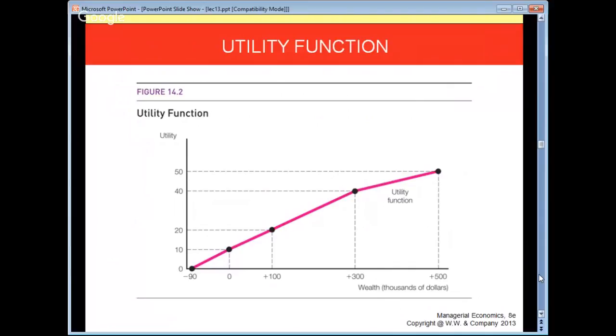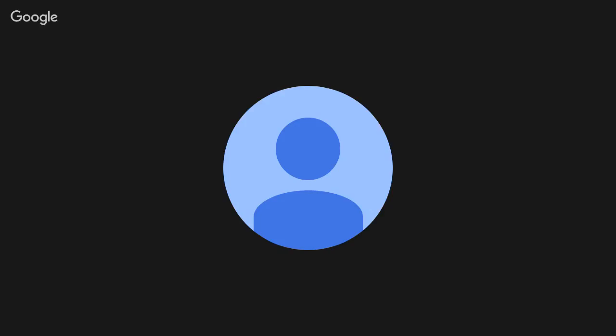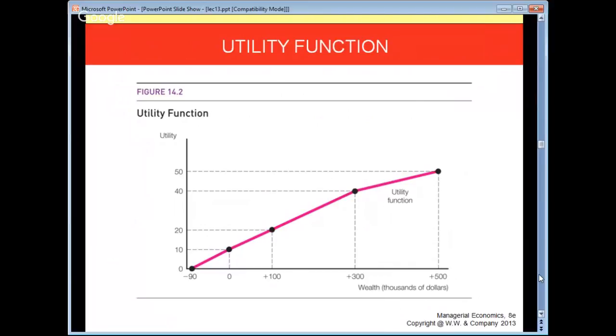Over here, with the utility of 40, 200,000, and finally 100,000. So that's basically my utility function, or curve of my utility function. And you notice that this is slightly concave. That would indicate that this person is risk averse, which we'll talk about soon.